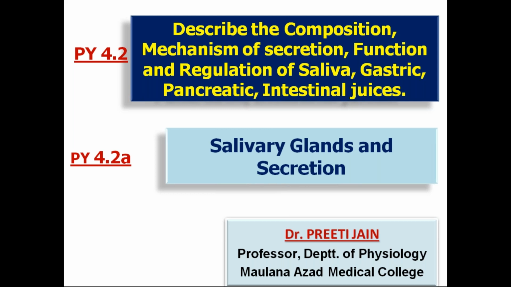In the structure, you should be familiar with the layered structure of the GIT, the variations which are there in the layered structure of the GIT, the importance of each layer of GIT, what is the blood supply of the GIT, what is the nerve supply of the GIT. In the nerve supply of the GIT, what is the function of the autonomic nervous system and what is the function of the enteric nervous system.